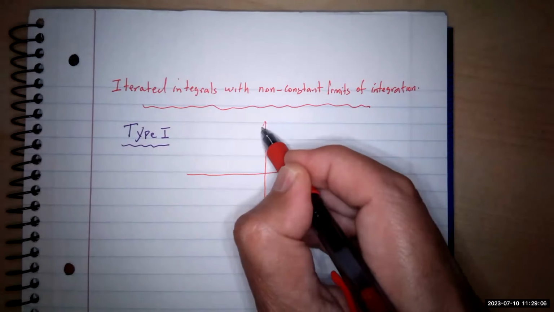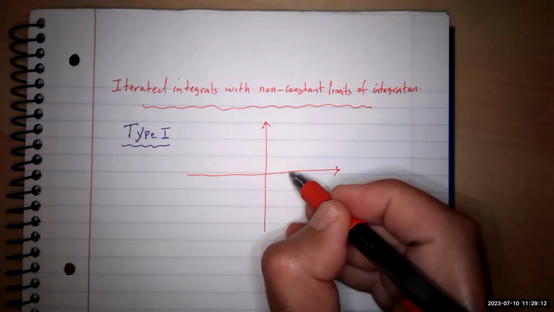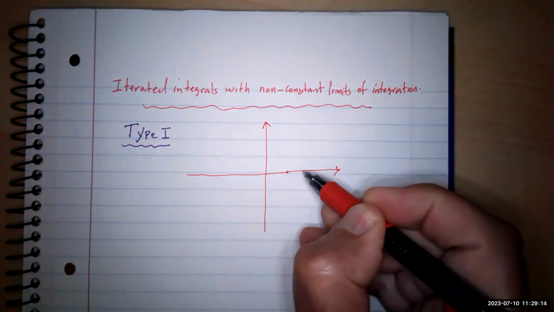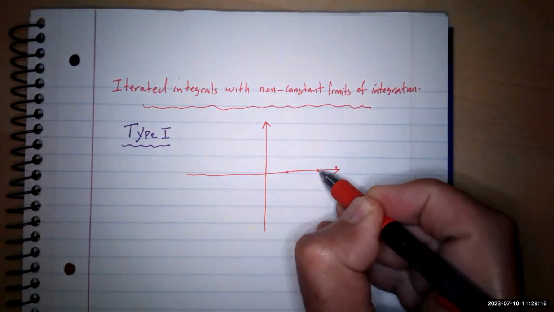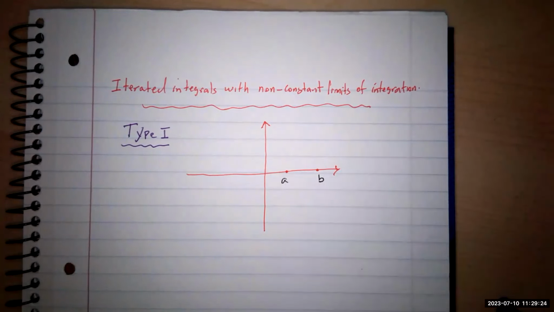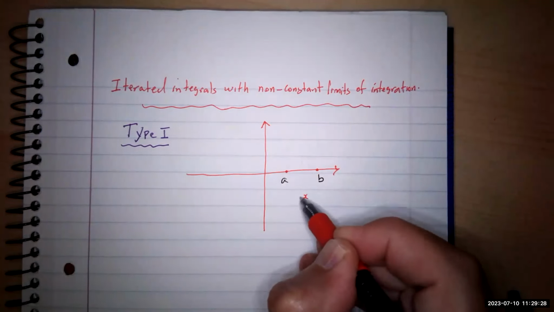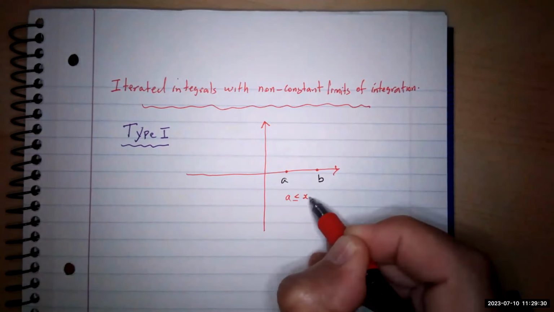So x is going to be between, suppose this is a and this is b. So x is going to be between two constant numbers, a and b.